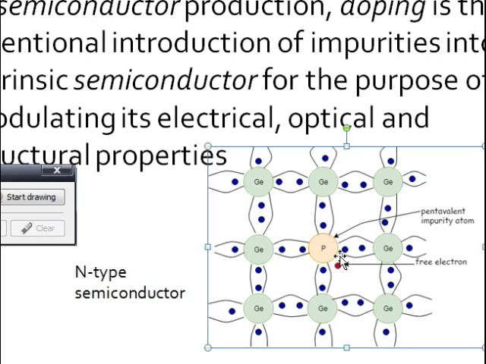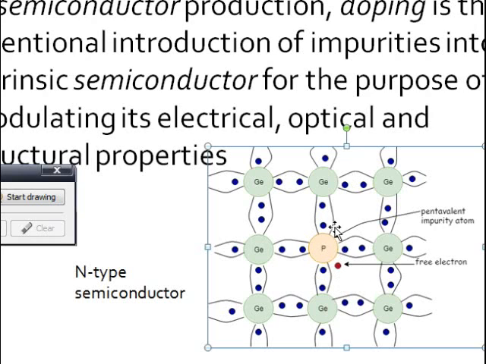What we do is insert a pentavalent impurity. Here 4 electrons are there, and a pentavalent impurity, such as arsenic or phosphorus, will have 5 electrons.